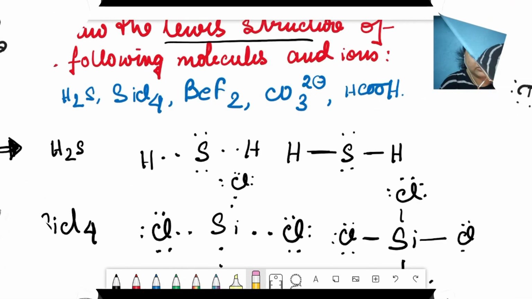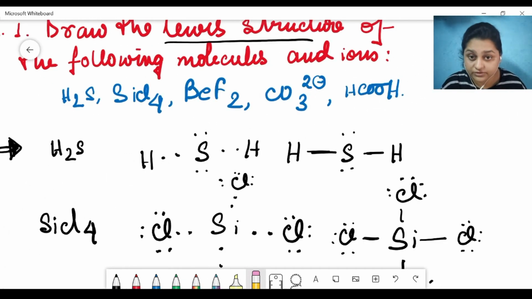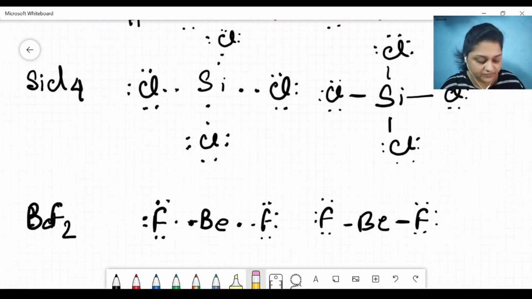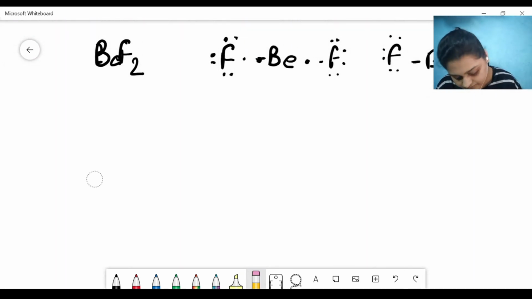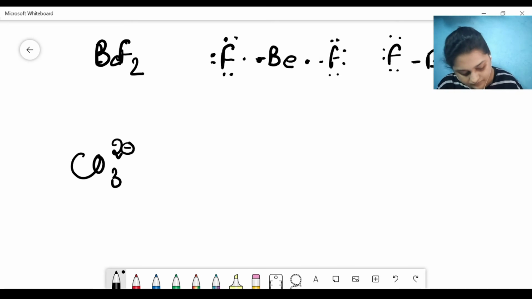The next ion, the Lewis dot structure of the next ion that we are going to study, is CO3 2-, the carbonate ion. Carbon.